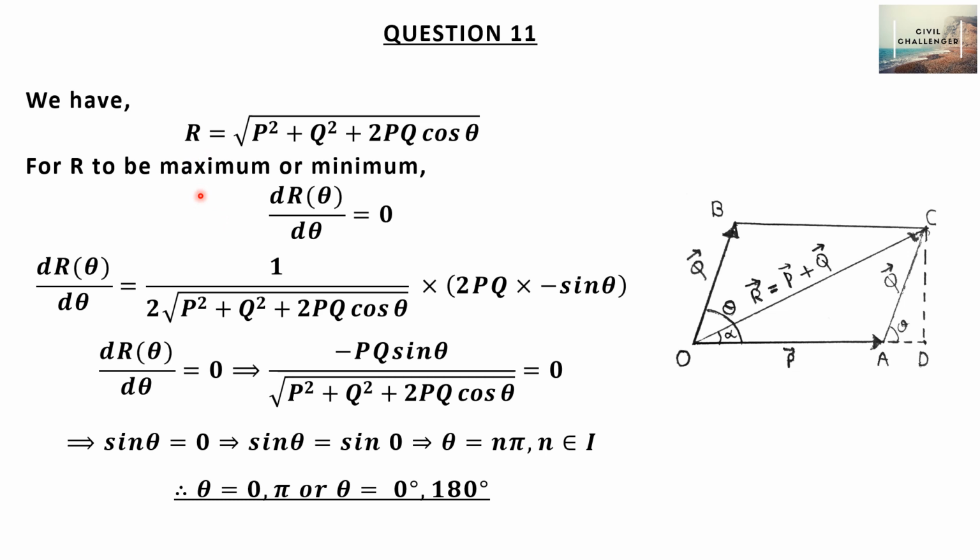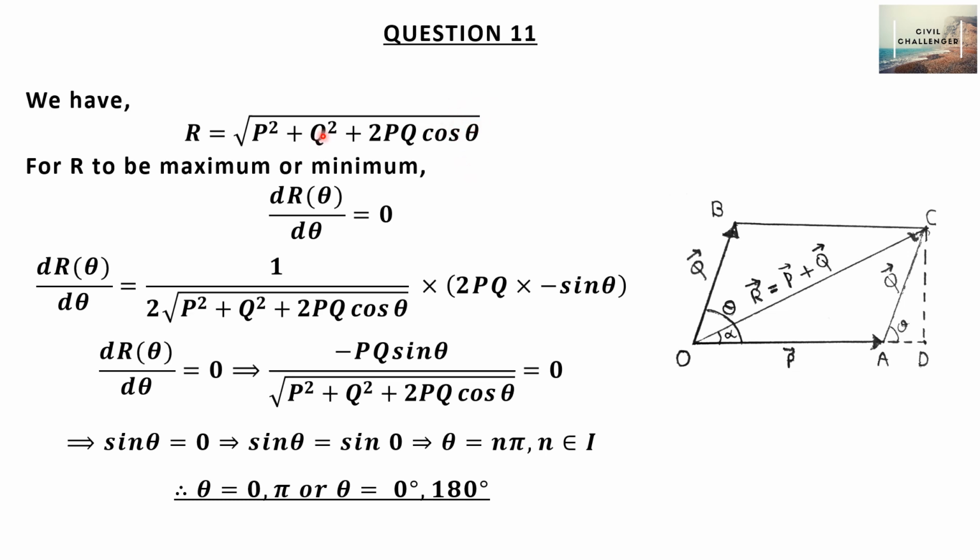Now we have the resultant is equal to square root of P square plus Q square plus 2PQ cos theta. We need to find when the resultant will be maximum or minimum. So the variable will be cos theta, it will be theta.